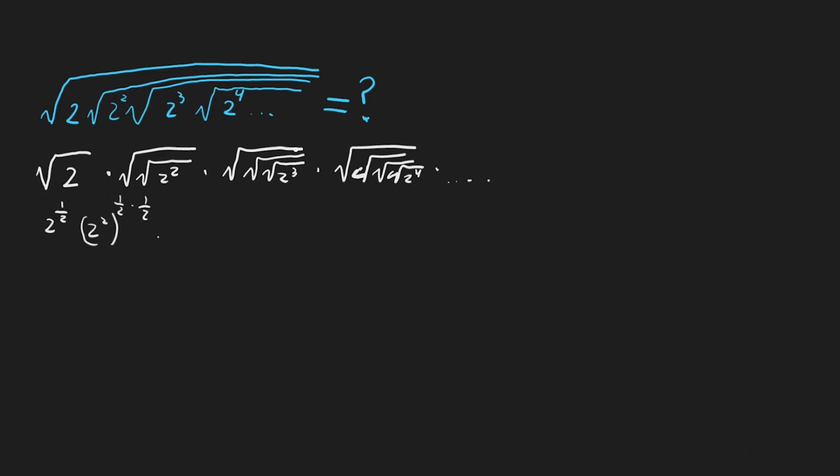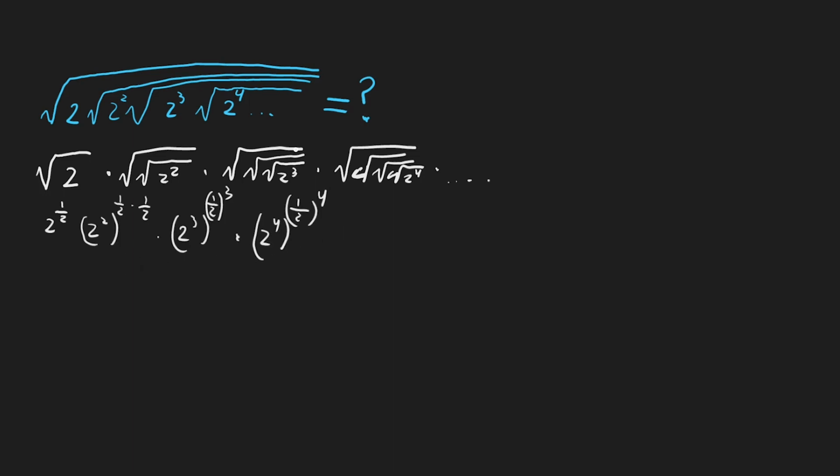So it's the same here, 2 cubed to the power of a half cubed, and multiplied by 2 to the 4th to the power of a half to the 4th.